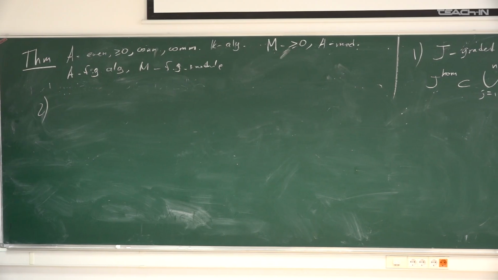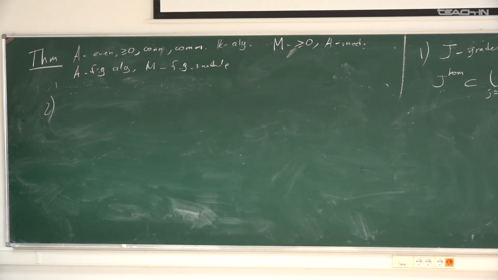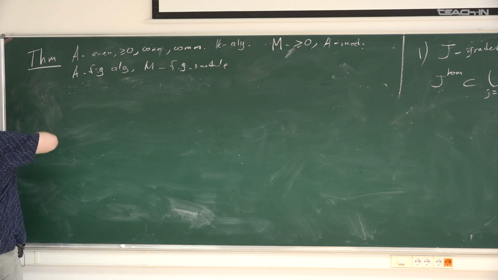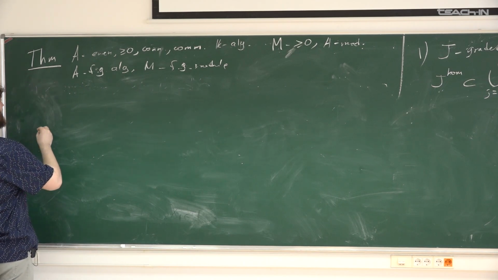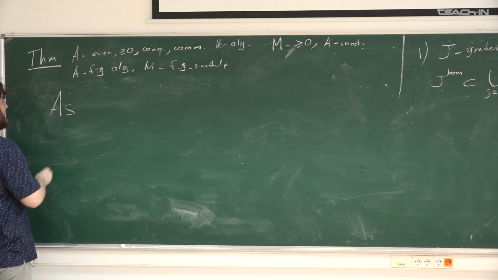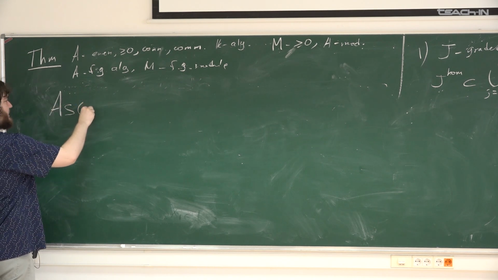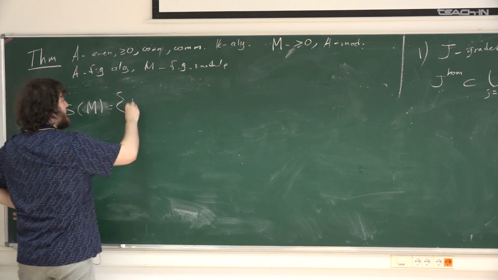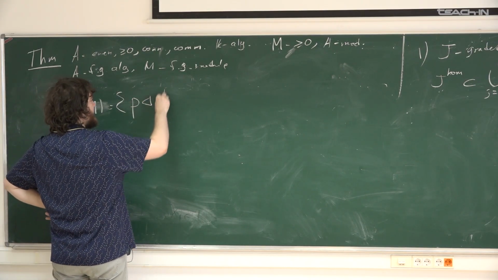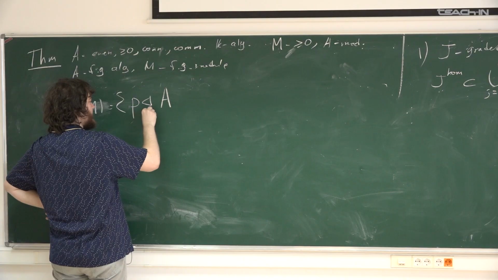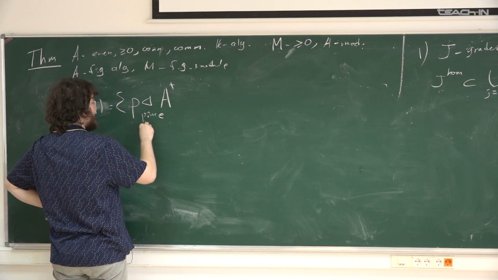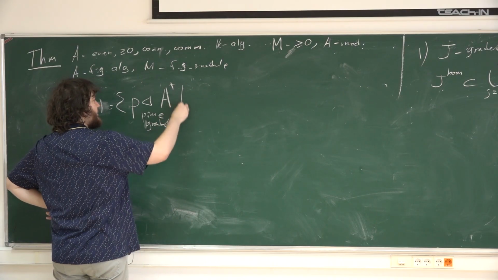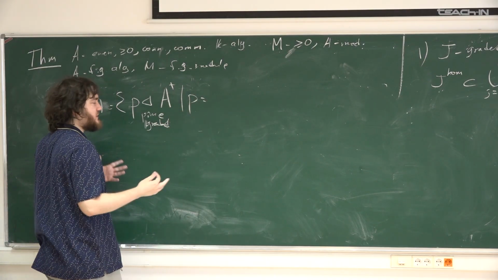Second step is the following. I need a definition. Consider the set of associated primes of my module. It is the set of prime graded ideals P such that P is an annihilator of some element.